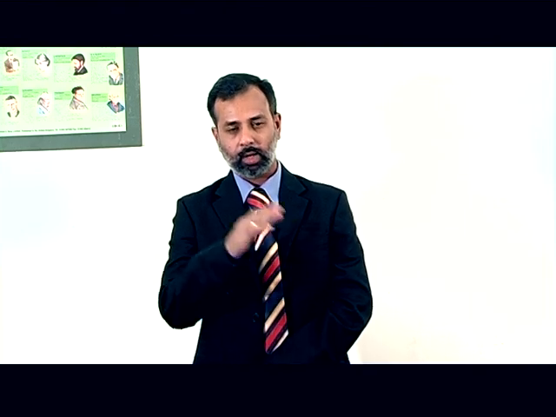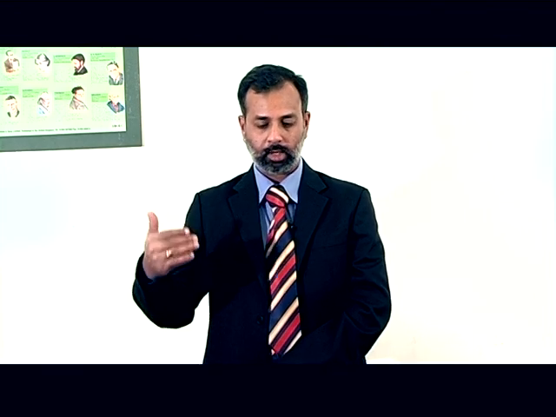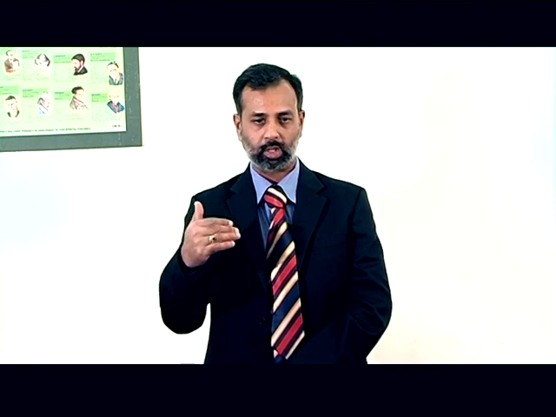So some agreements are void ab initio, and sometimes some contracts become void later on, due to certain impossibility of performance, etc. These are the classifications of contracts according to validity: valid contract, voidable contract, and void contract.